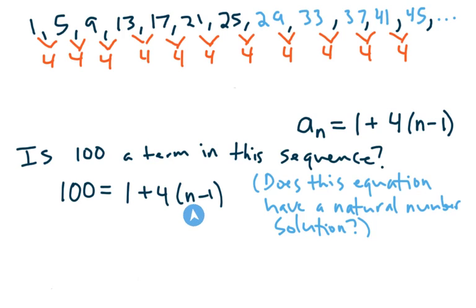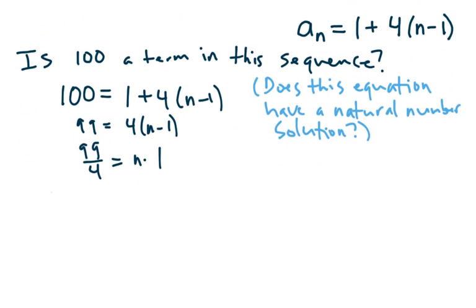To get n on one side by itself, we should subtract 1 from both sides. 99 equals 4 times n minus 1. And now we can divide both sides by 4, and you get 99 divided by 4 equals n minus 1. And when I add 1 to both sides, 99 fourths plus 1 equals n.